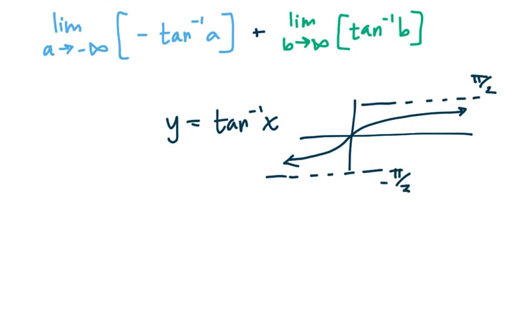Remember, when we were dealing with inverse trig functions, we restrict the range to make sure that that inverse expression is indeed a function. So if I were to plug in negative infinity to tangent inverse, I would see that my output value is negative pi over 2. And if I were to plug in positive infinity, my output would be positive pi over 2.